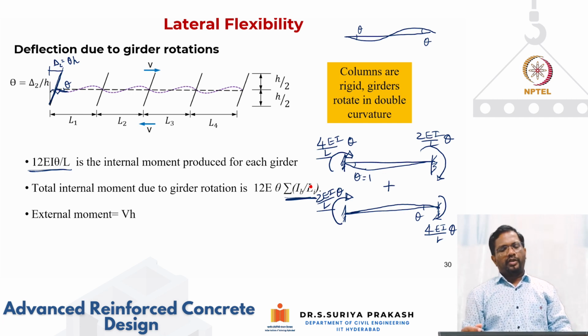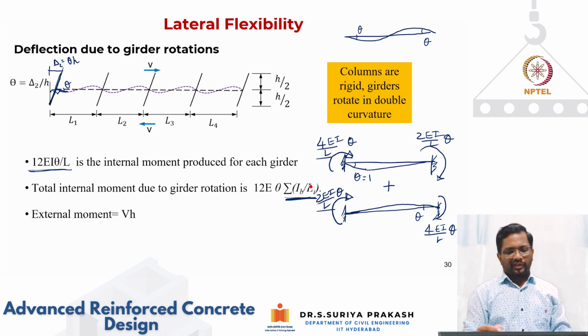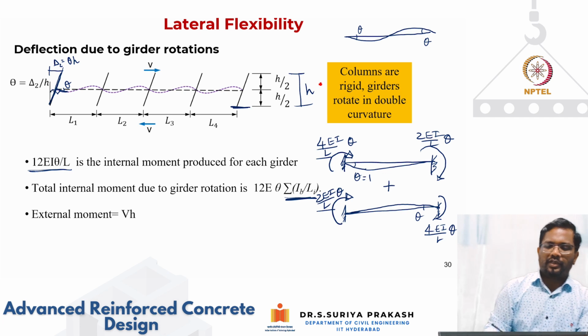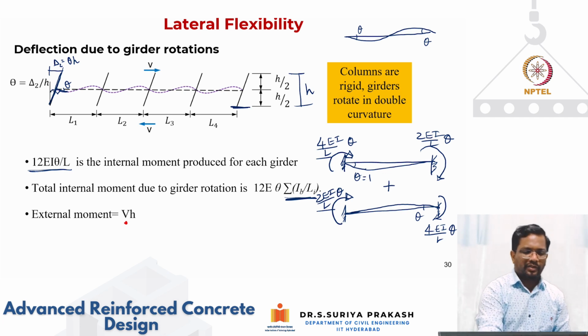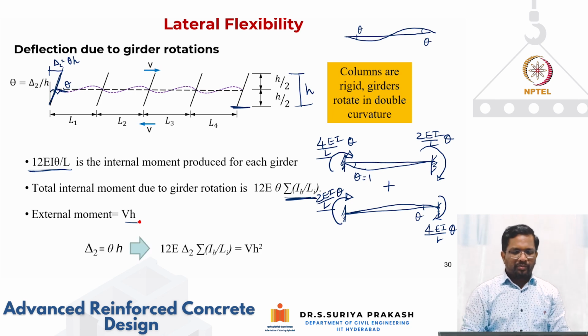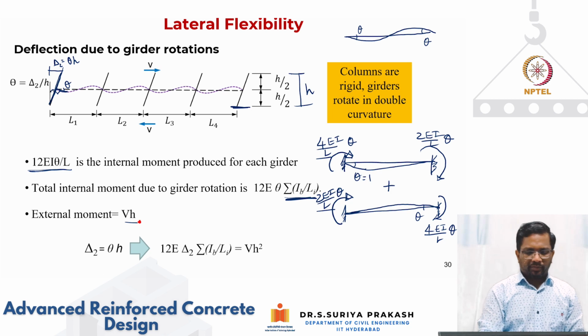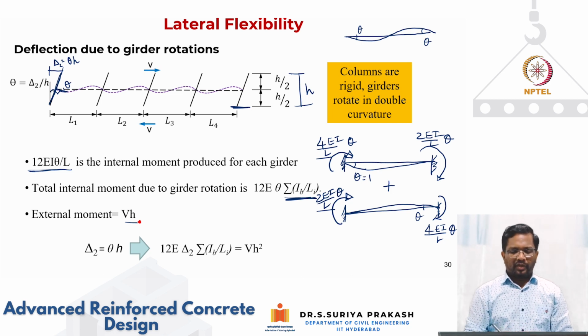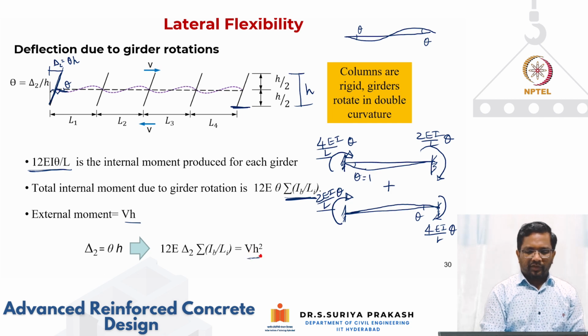Now the external moment has to be equal to the internal moment. If we take moment about this point, you will find that V into H is your external moment, where this height is H. External moment has to be equal to internal moment. So when you add them up, you will find delta 2, which is theta H, should be equal to 12EI into delta 2 into the summation of IB by Li, which is basically VH square.